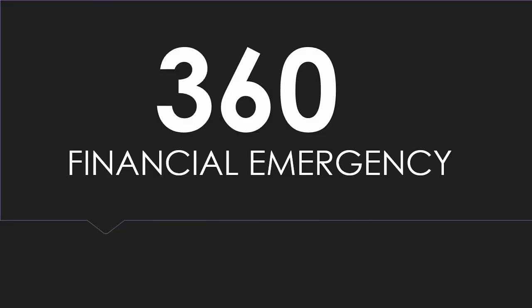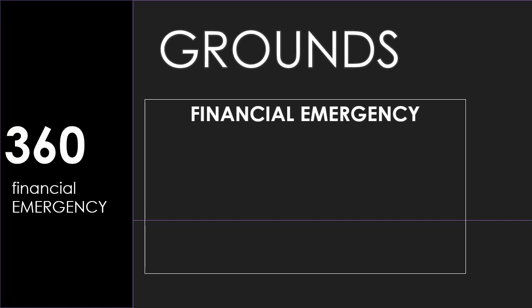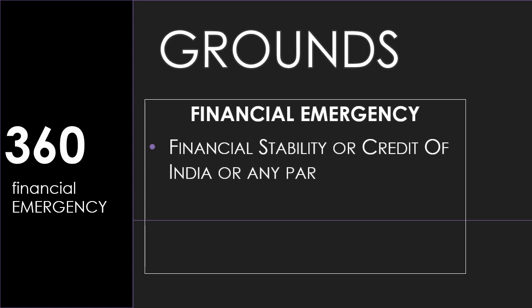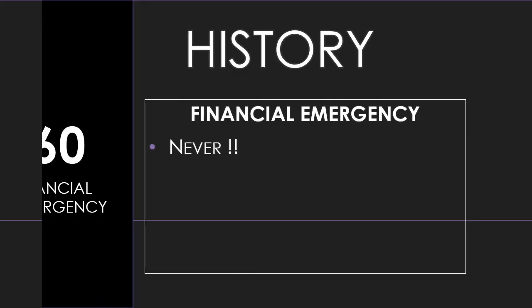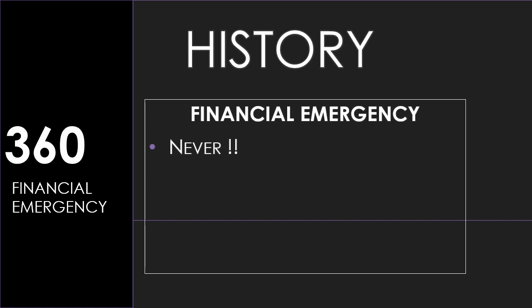Now we talk about the third and the final type of emergency, which is the financial emergency that is discussed in Article 360. A financial emergency may be declared when there is a threat to the financial stability or the credit of India, right? So this is a situation where financially India is not in a good condition. As regards the history, a financial emergency has never been declared in India.